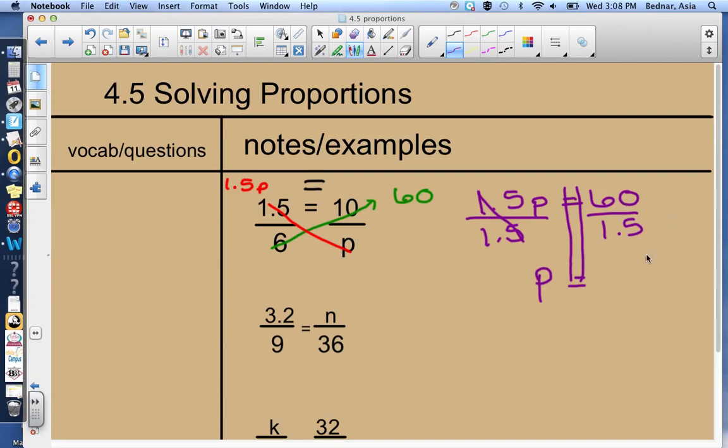60 divided by 1.5 is going to be 30, I believe. Let me double check with a calculator just so I don't make the same mistake as last time. It's going to be 300. No, it's going to be 40. See? It's a good thing I checked. Now that I think about it, that makes sense.